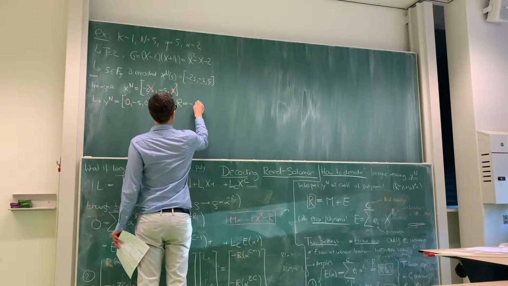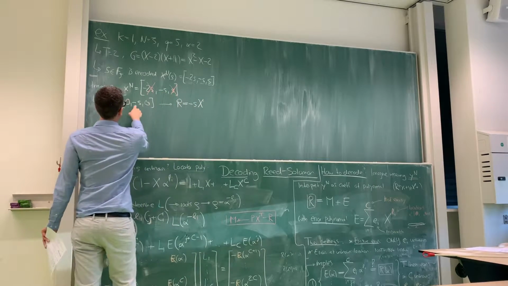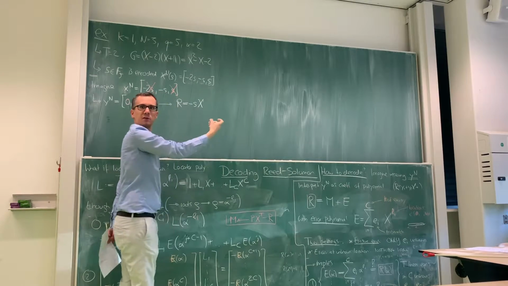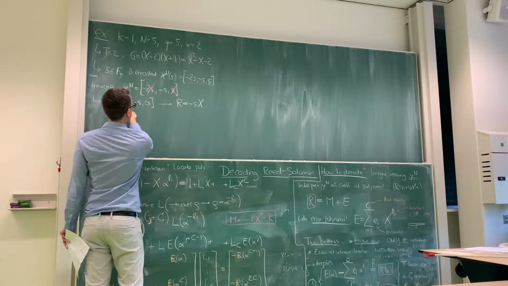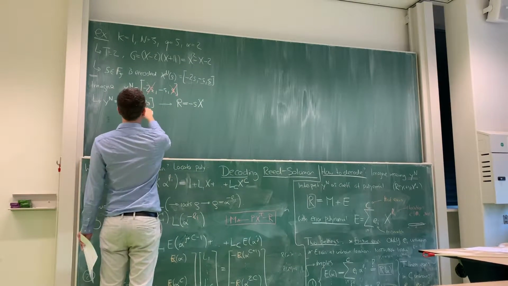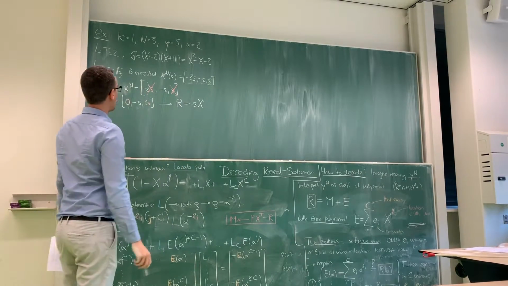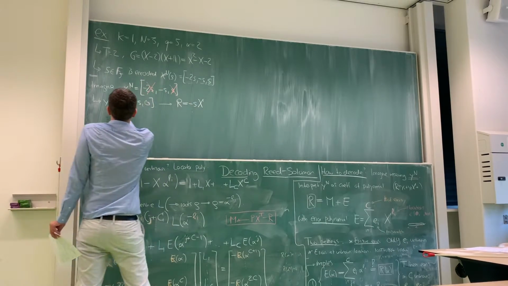Minus Sx, exactly. Because I'm just taking these numbers, 0, minus S, 0, and putting them in front of 1, x, x squared. So it's like 0 plus minus S times x plus 0 times x squared. So this is R. That's the polynomial that just describes what came in.